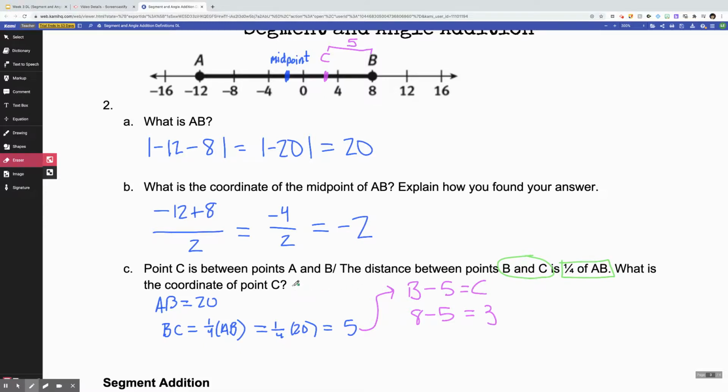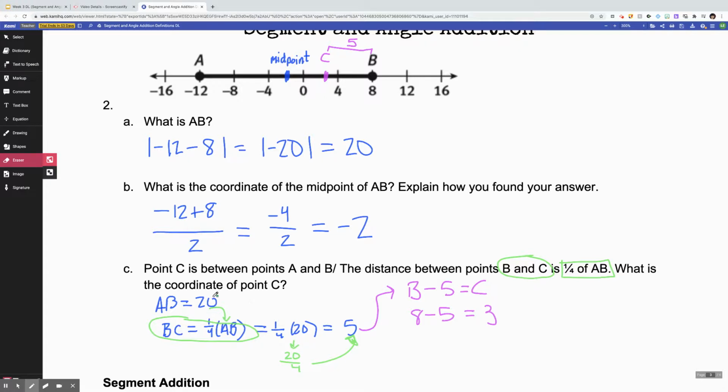I know that AB, the distance between A and B, is 20, and the distance between B and C is 1/4 of that. So I just plugged 20 in for AB, and then did 20 times 1/4. That's the same as 20 divided by 4, which is 5. Remember that this 5 is not a location, it is a distance.